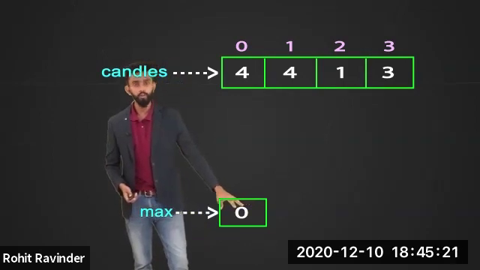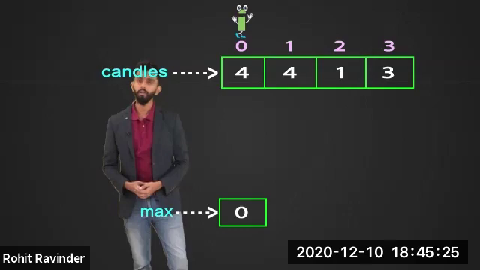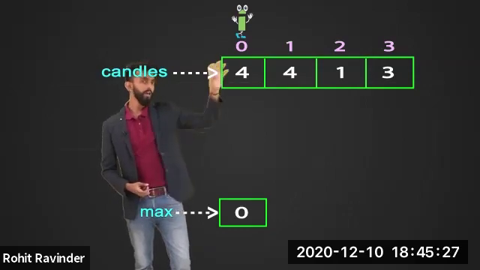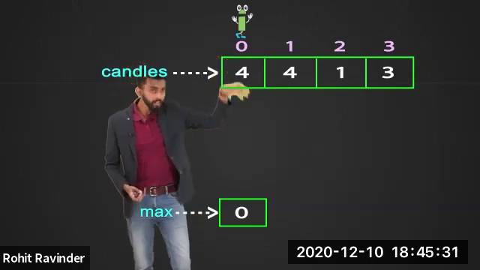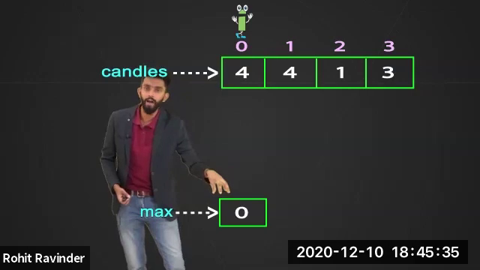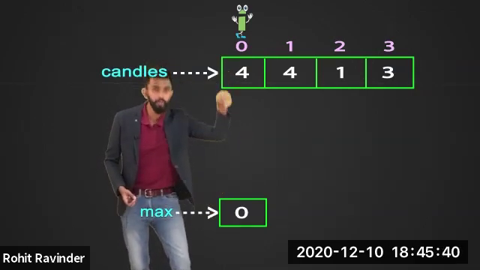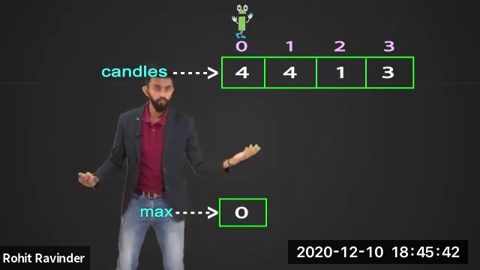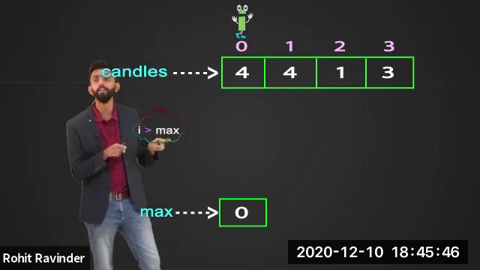Now I will run a for loop, and for every value of I, first I will check if I is greater than the max value. If I is greater than the max value, then max should be that I value. So I will give that I value to max. If I have to visually show you, this is my condition: I greater than max.